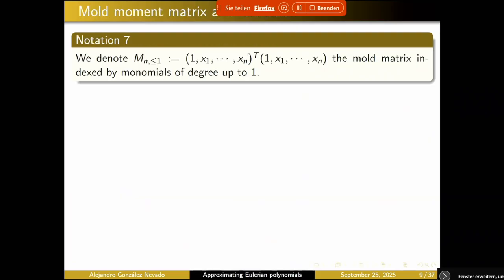Now you have this linear form, and you are also going to build this matrix using monomials of degree up to 1. This is going to be called the moment matrix of the relaxation, which is what is going to allow us to define the relaxation.